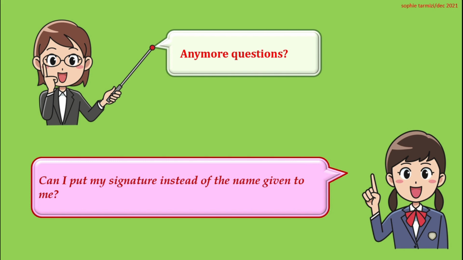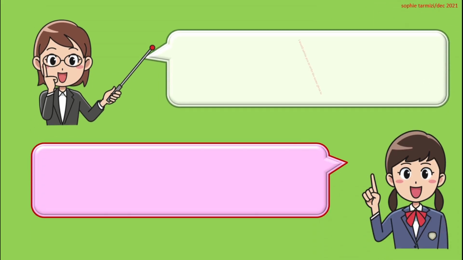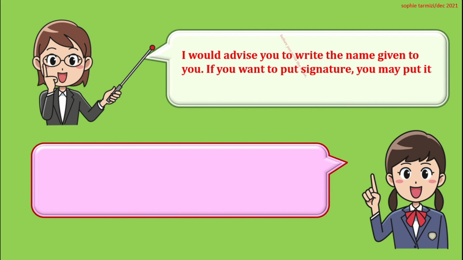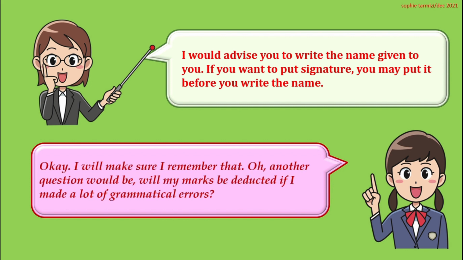So what if you would like to put your signature instead of the name given to you? Always remember the name given is a must for you to write. Then you can sign your name. Normally we sign our name and then we spell it out. So do not forget the name is the one given to you, not your real name.